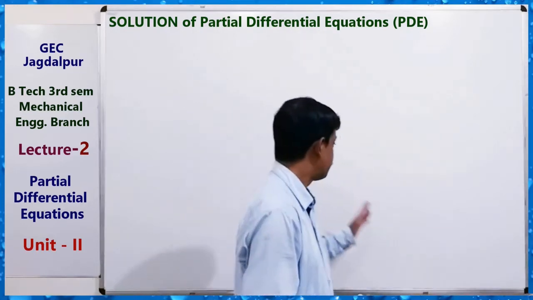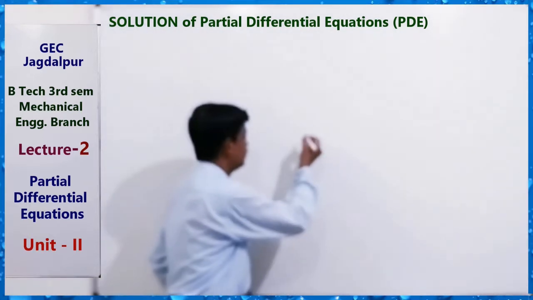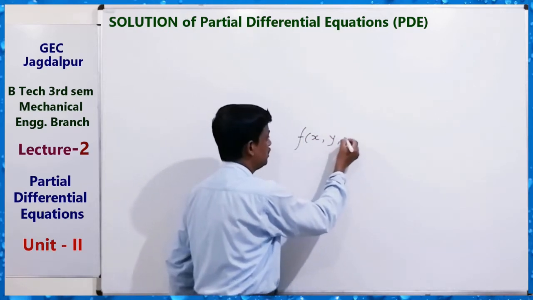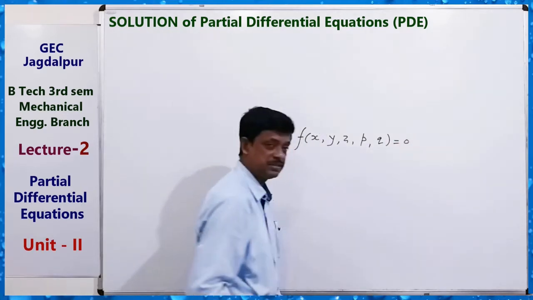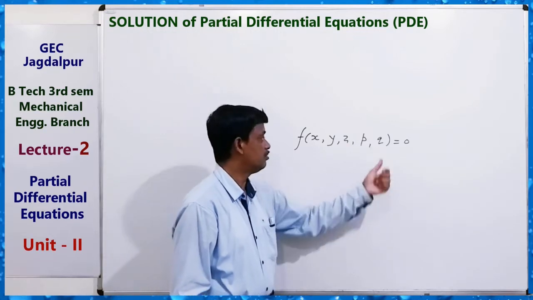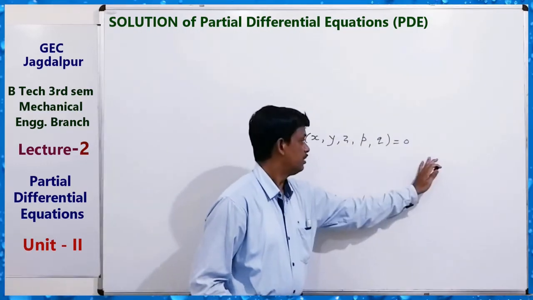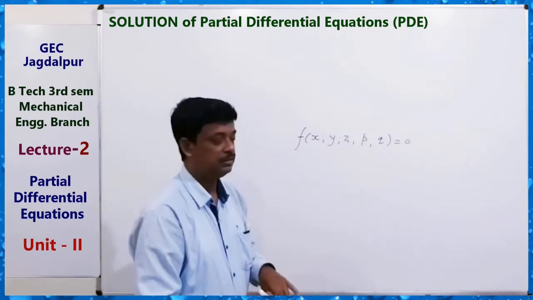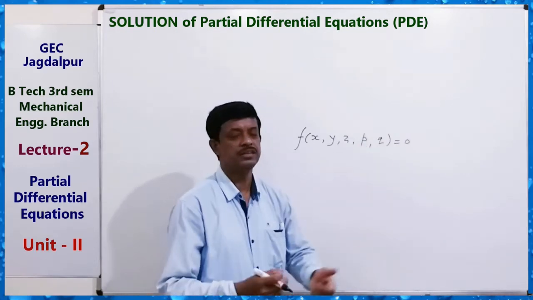A partial differential equation is a relation in x, y, z, p, q, where z is the dependent variable, x, y are independent variables, and p, q are del z by del x and del z by del y. If the relation involves only p and q linearly, that means it is a linear partial differential equation.